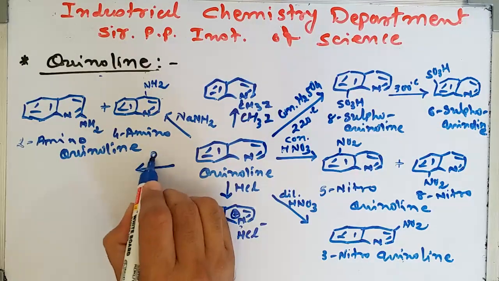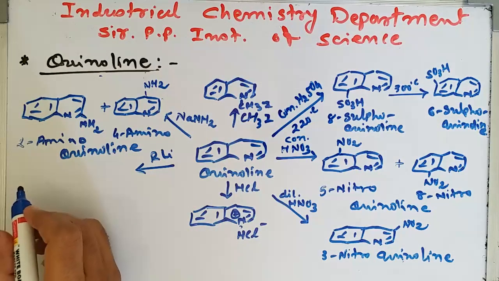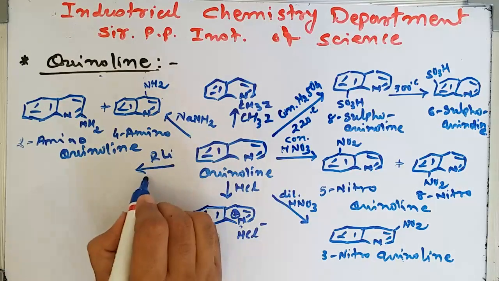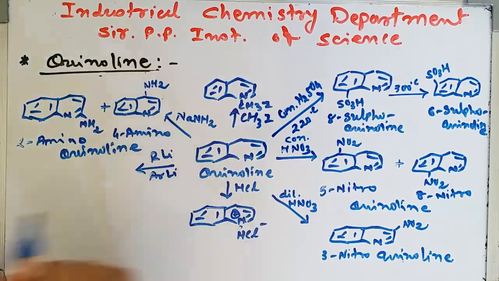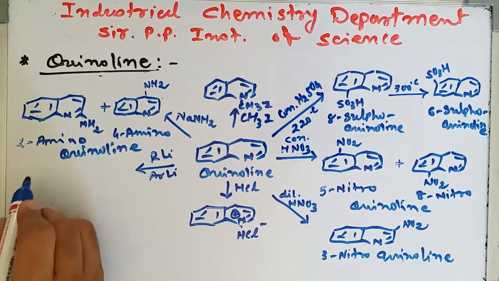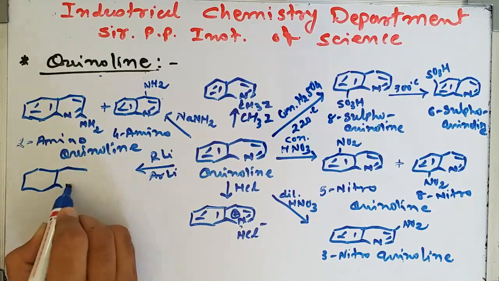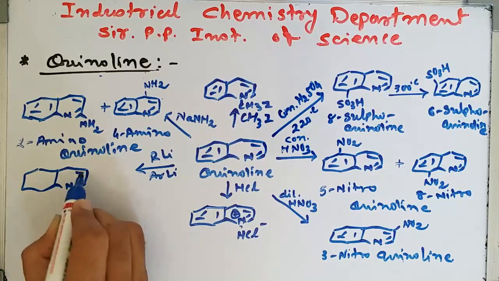Alkylation, RLi, CH3Li. And also we get aromatic alkyl quinoline with the help of lithium.